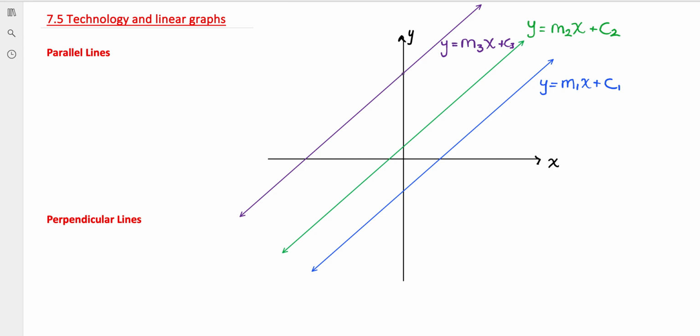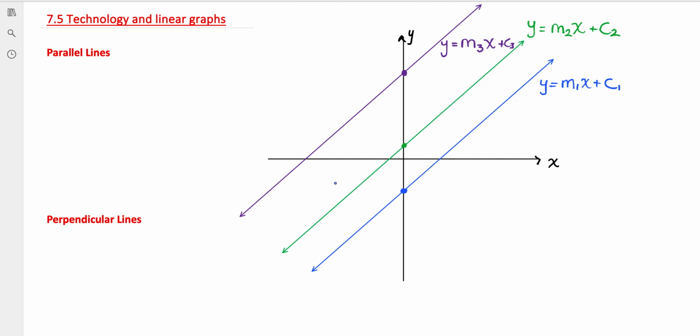What I know is that all of them are intersecting the y-axis at a different point, so c3, the y-intercept, is not the same as any of them. Okay, because they're intercepting the y-axis at different points.